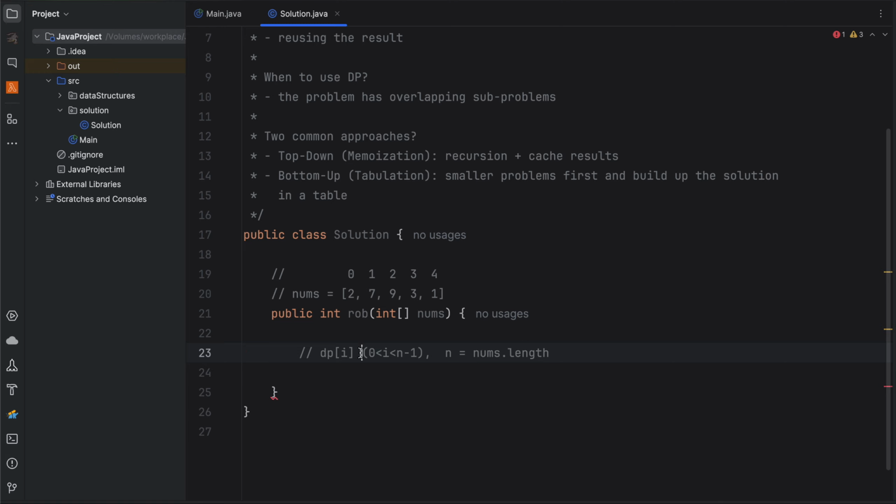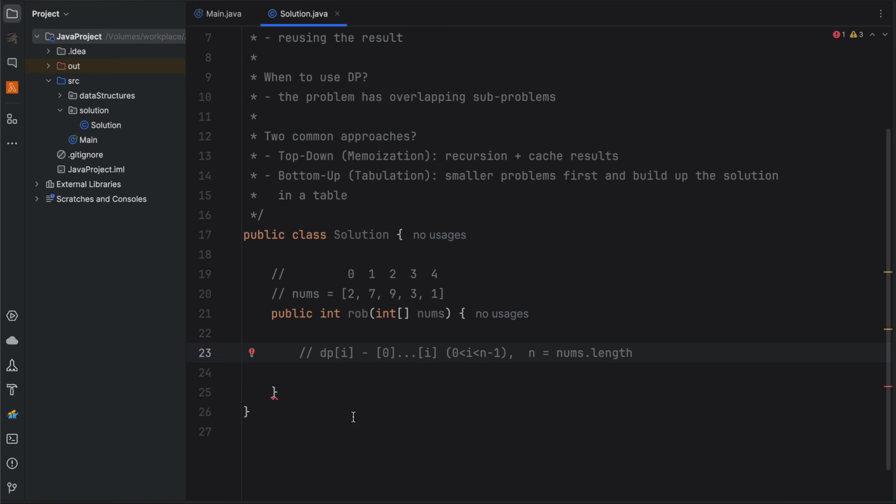With dp of i, we can denote the maximum amount of money we can get from the sub-array of the provided array that ends in the house indexed at i. So it would be the maximum amount of money from the array indexed 0 to i.